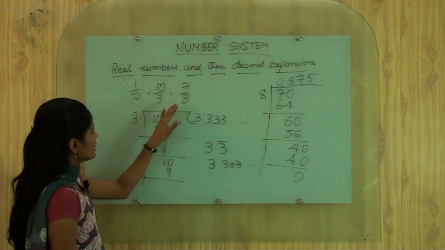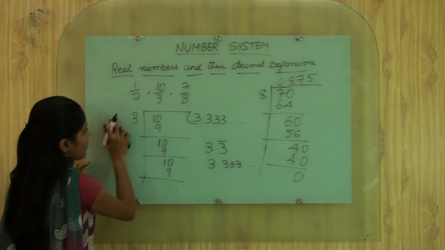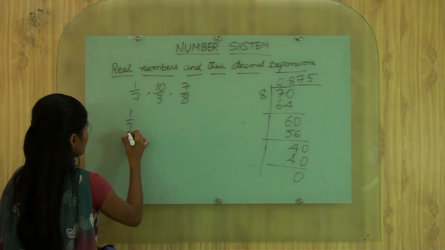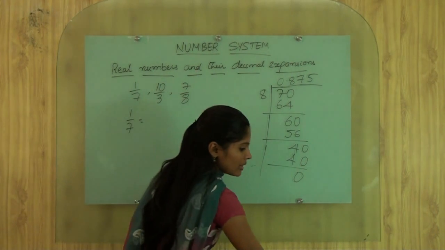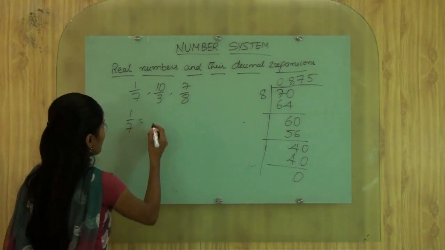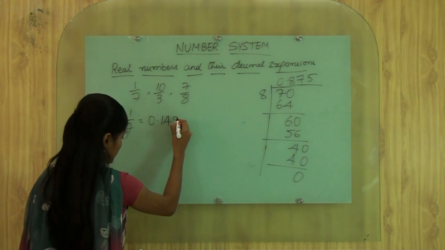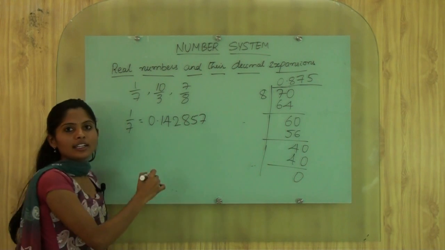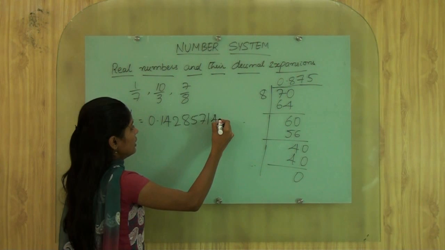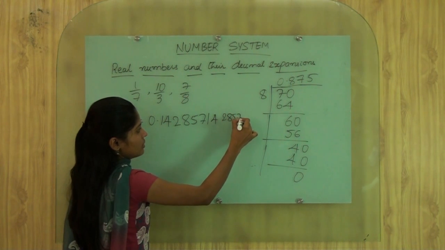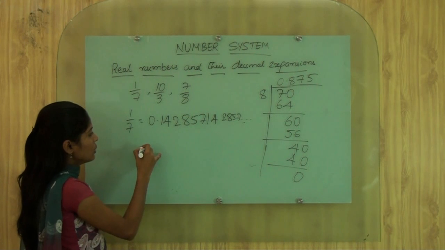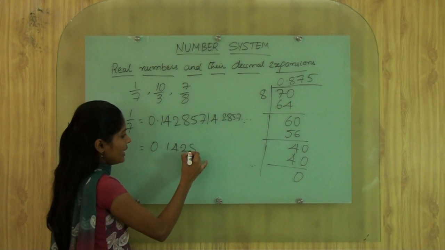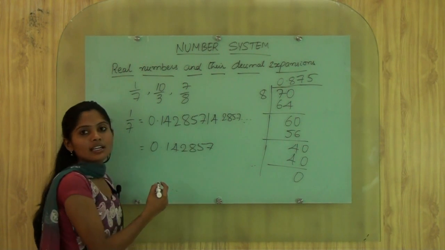You have one more, that is 1 by 7. What's the value of 1 by 7? 0.142857. Then it repeats 142857 and goes on. So here, which number is recurring? 142857 is repeating.